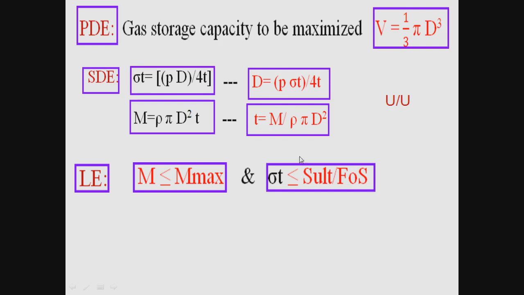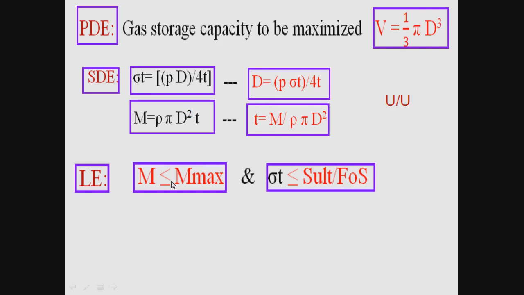You cannot substitute D here because we require it in terms of D. So substitute the T value here, and whatever equation you get, you need to substitute in the primary equation.